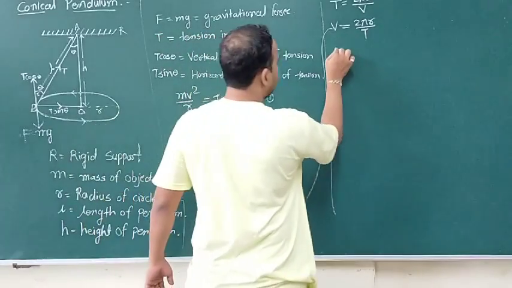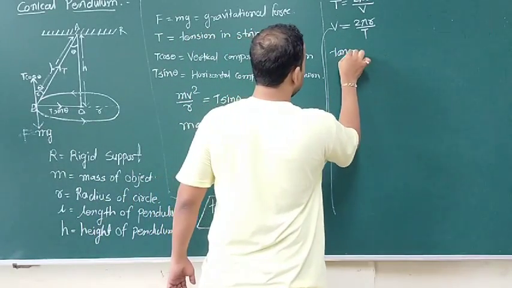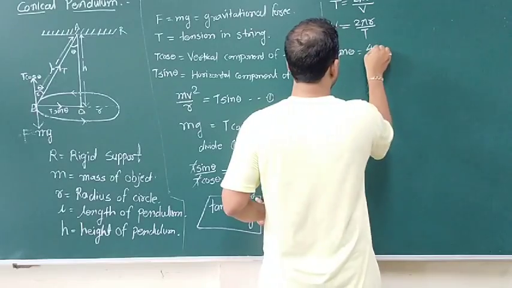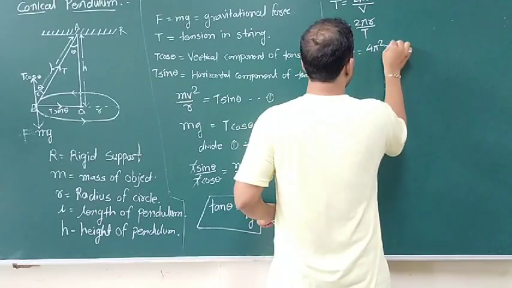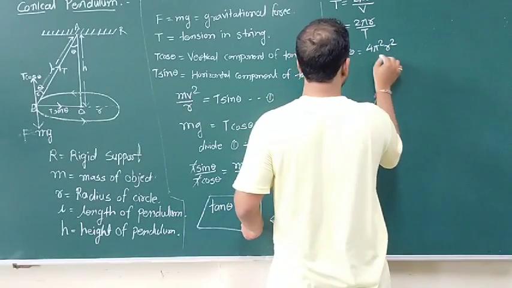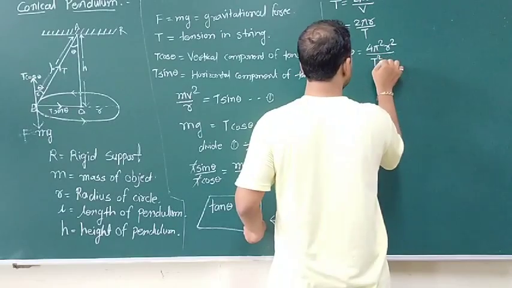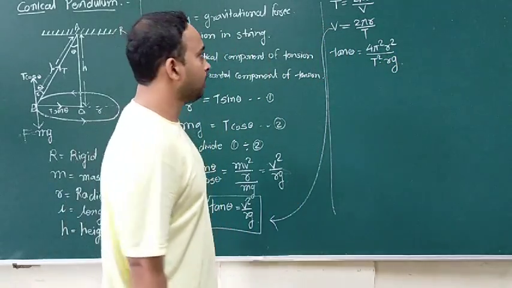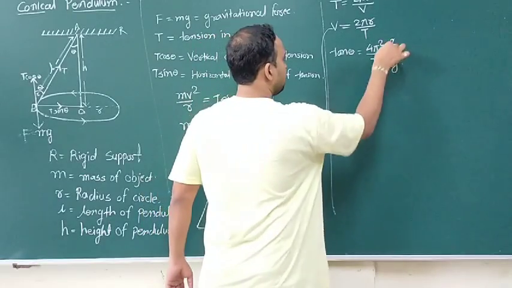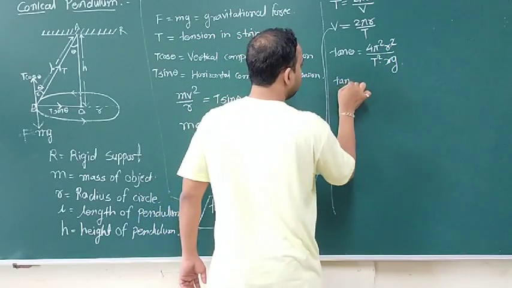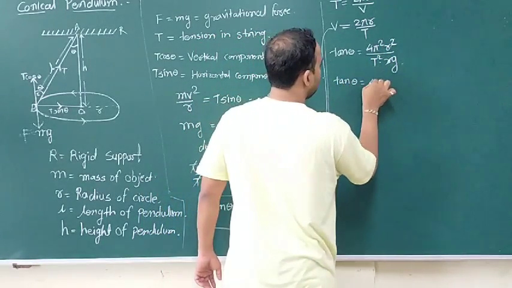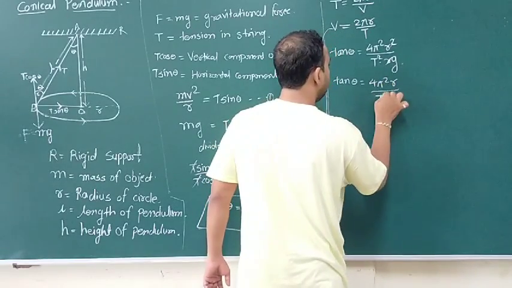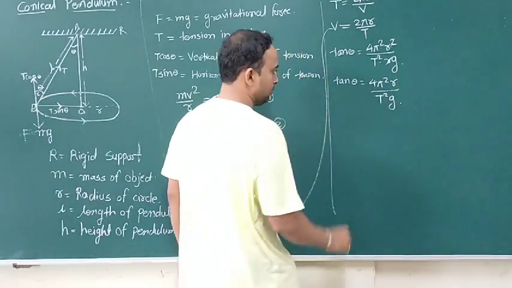So we get tan theta is equal to v square, that means 4 pi square r square upon T square into rg. So r gets cancelled, and tan theta is equal to 4 pi square r upon T square g.